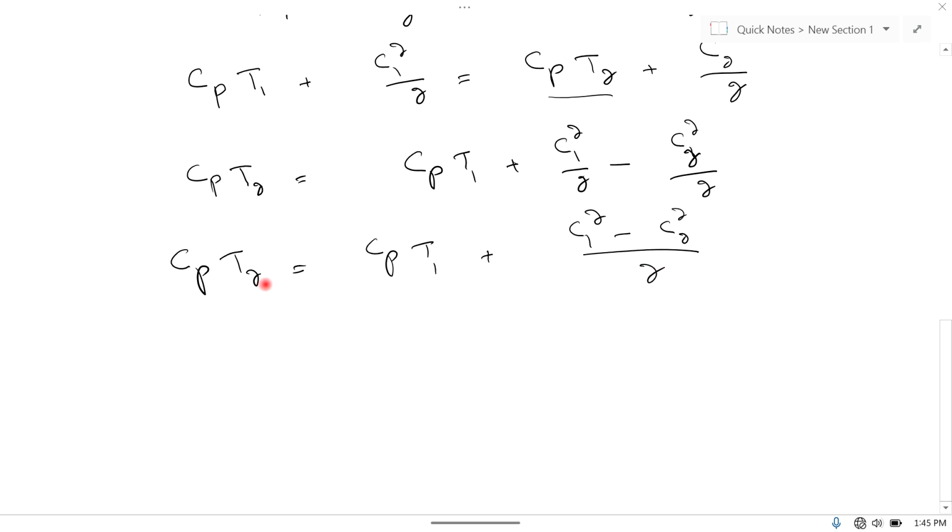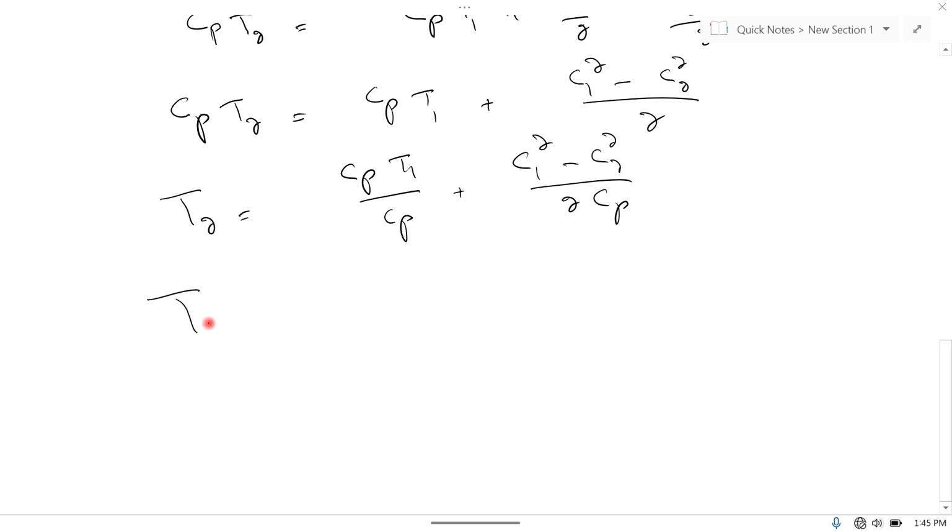Now to find T2, divide both sides by Cp. So T2 is equal to Cp T1 divided by Cp plus C1 square minus C2 square divided by 2 Cp. So T2 is equal to T1 plus C1 square minus C2 square divided by 2 Cp.